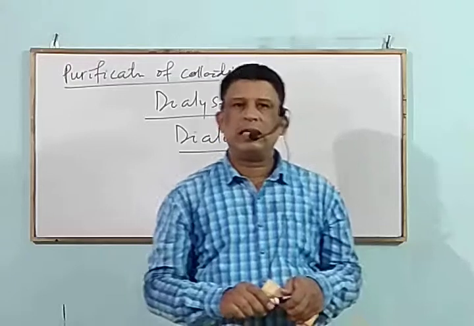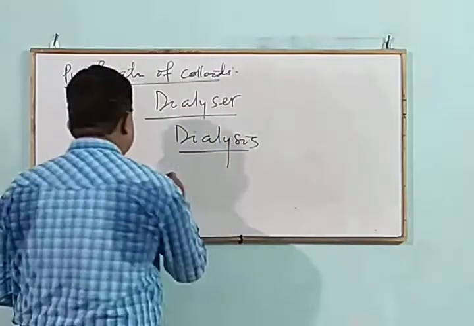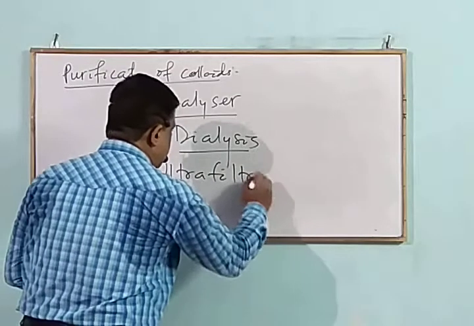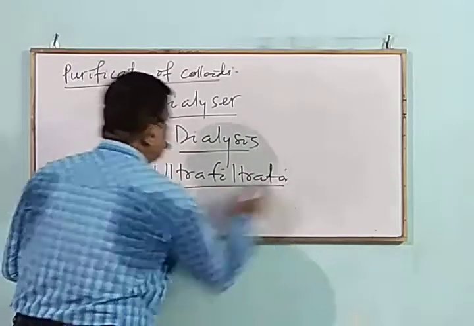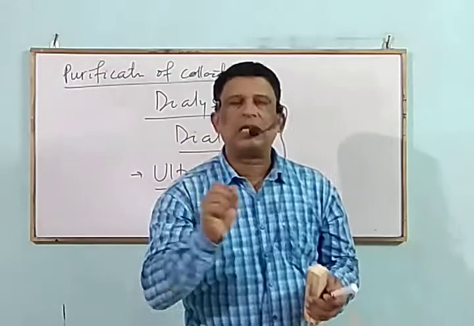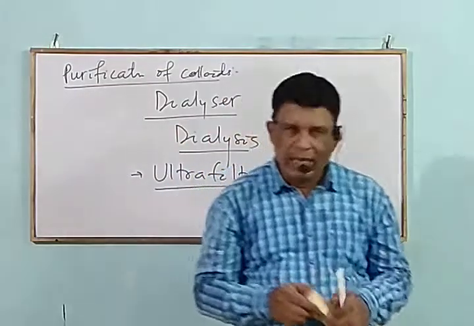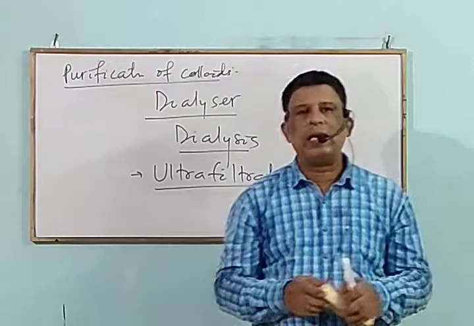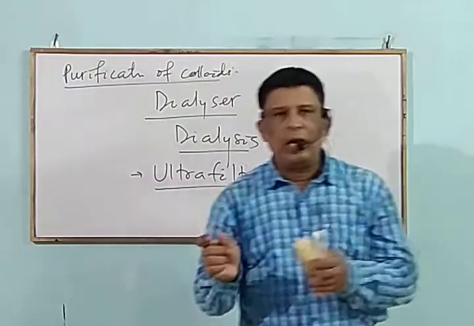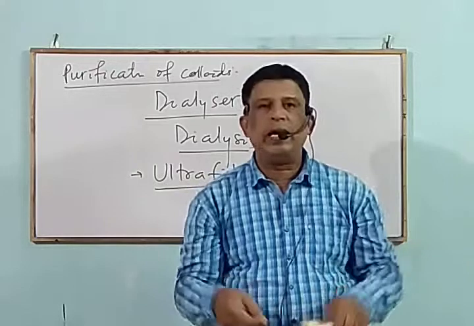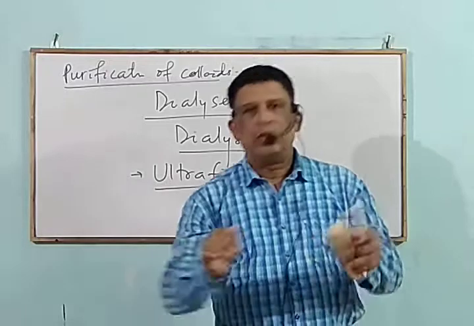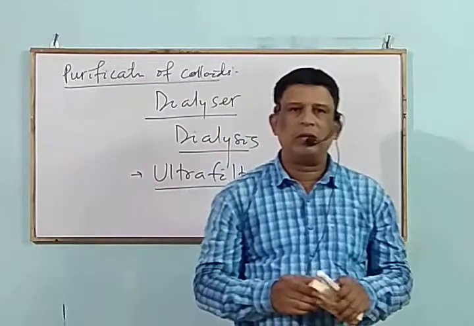Besides this, another process is there, known as ultrafiltration. We know the pore size of ordinary filter paper is too large. It is necessary to reduce it, so the ordinary filter paper is soaked in a gelatin solution and hardened with formaldehyde solution.